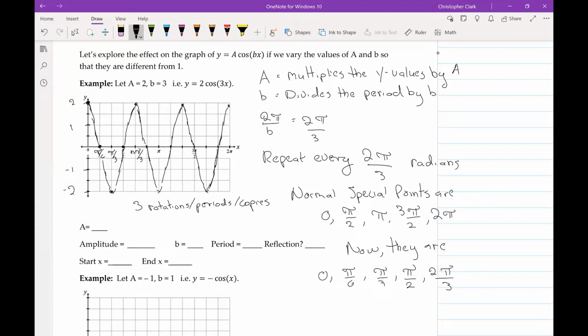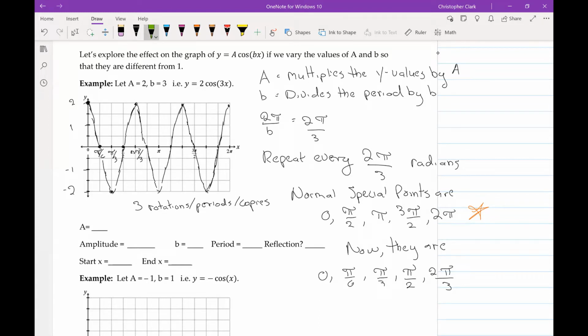So what we did, just to take a step back, is we took our special points. You could include pi over 4 if you wanted as a special point. Pi over 6 and pi over 3 are definitely a little more complicated. But the normal special points are going to be these 5 right here. And you do to them what you've done to the period.